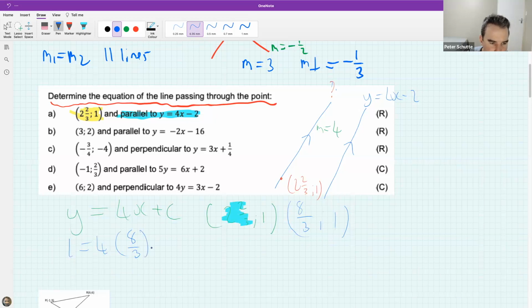8/3 plus c. And then we need to go 1 minus, now 4 times 8 is 32/3. So I'm bringing this to the other side. And what are we getting for my c value?